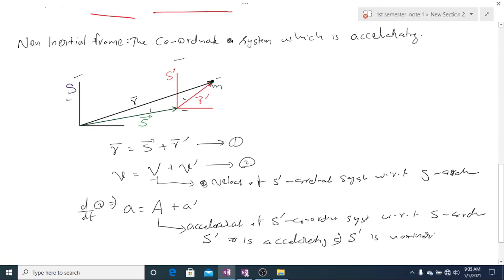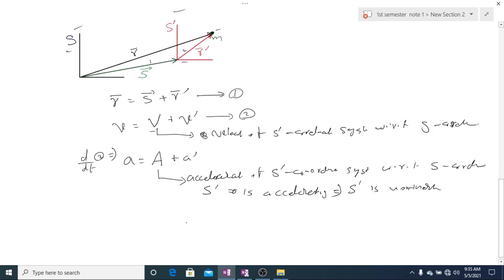Then if we find the force on the mass from S coordinate system, what will it be? Let's say force from S frame.